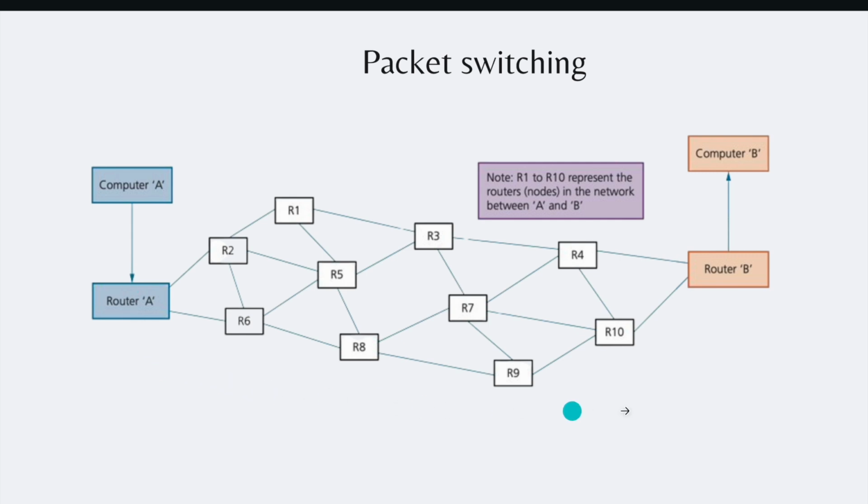The packet switching could be like this, such as we want to transmit data from router A to router B, and router 1 to router 10 represent the routers in the network between router A and router B.